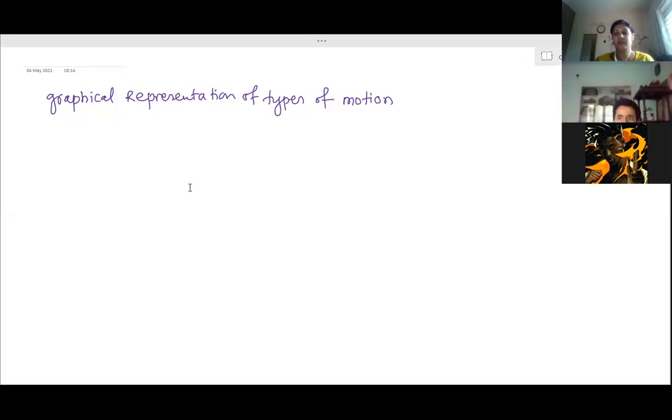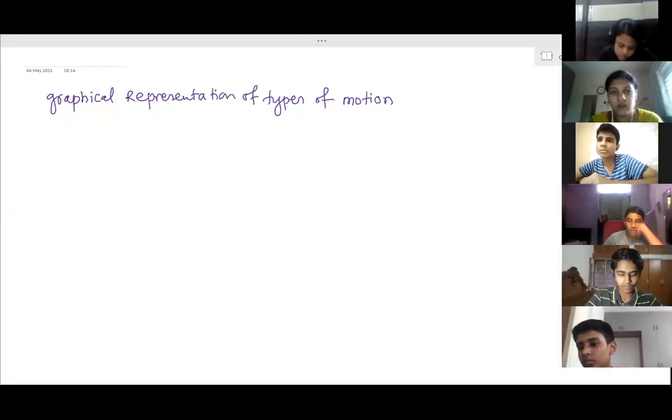Okay, so graphical representation of types of motion. For that, two types of graphical representation you have to learn. One is distance time graph and the second one is velocity time graph.